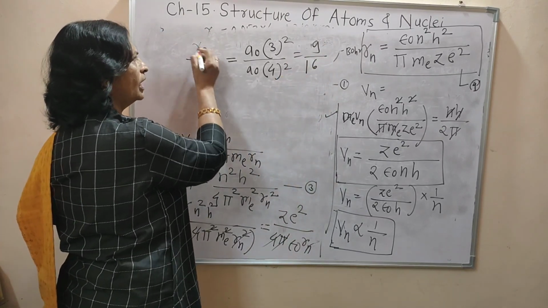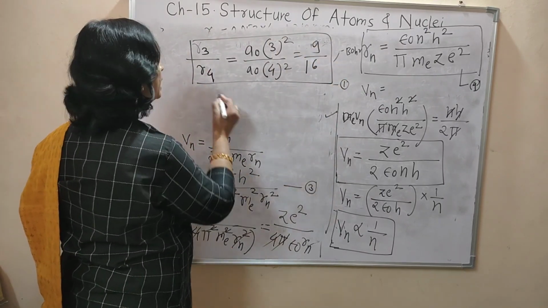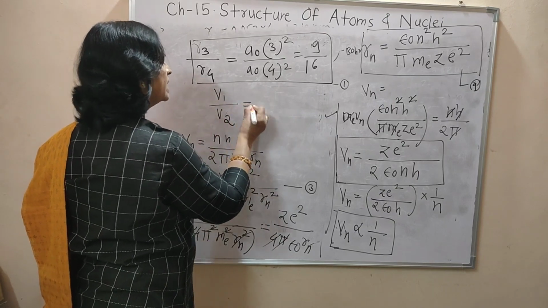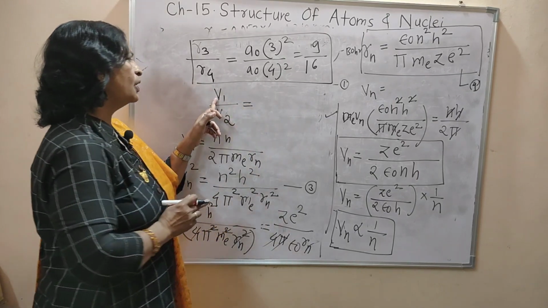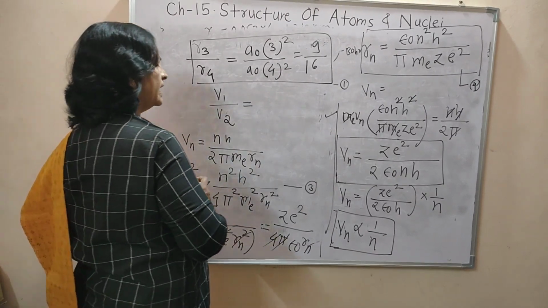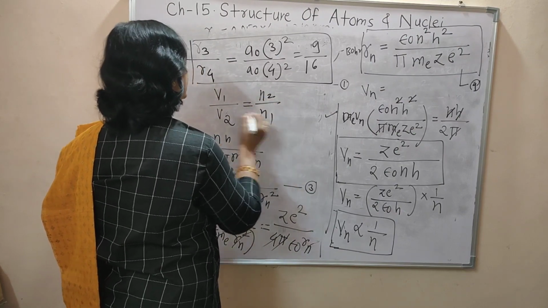We can calculate the radius of any orbit by using this formula, but in the case of velocity, v1 divided by v2, the linear velocity of the first orbit divided by that of the second orbit, is n2 divided by n1.